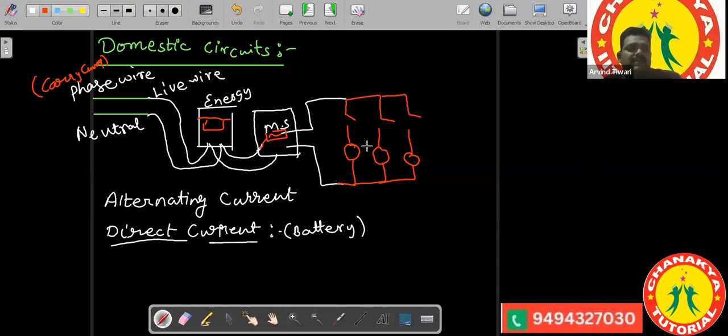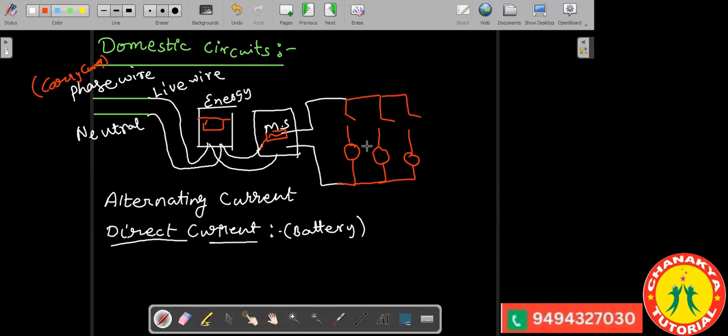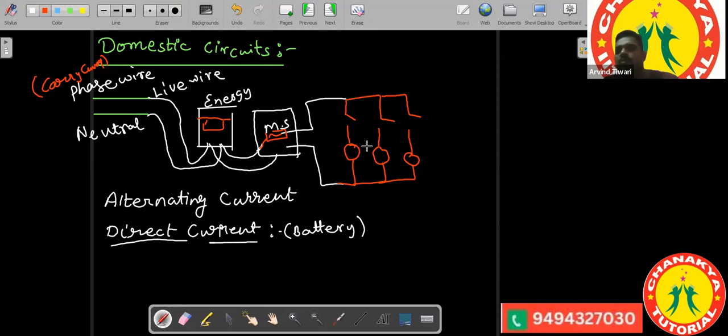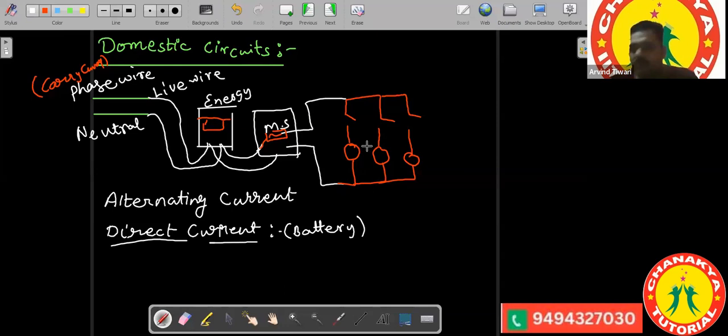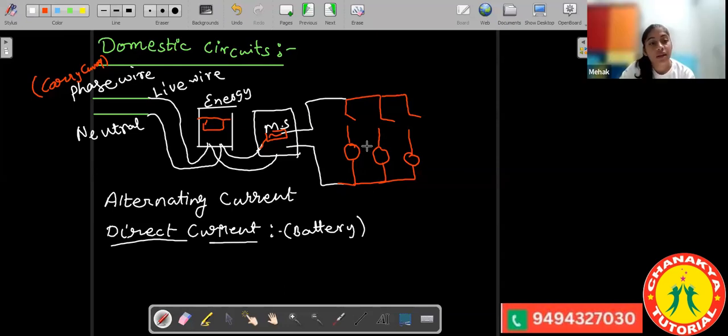Yeah, the resistance will be more if they are connected in series. So what will be the problem if they are connected in series? If the resistance increases, so what? If we are connecting them in parallel, the resistance will decrease. There will be more than one path to travel electricity.